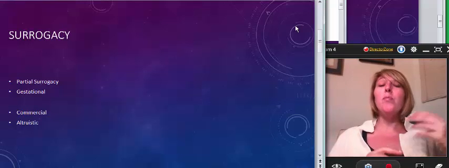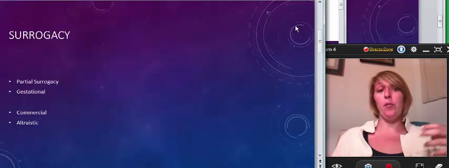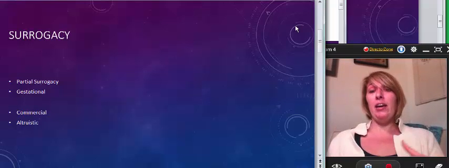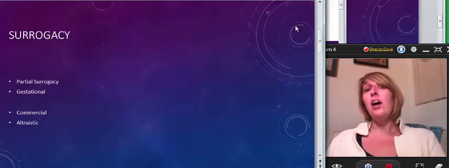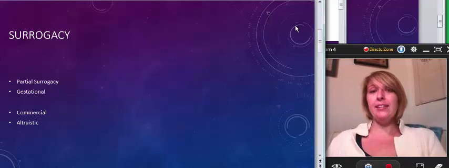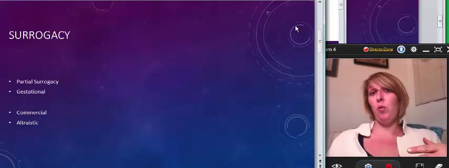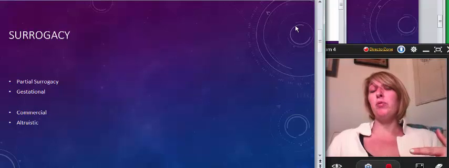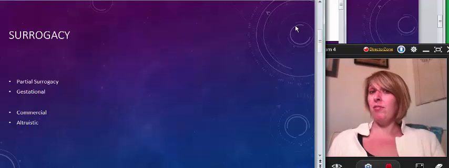And then commercial versus altruistic, where commercial surrogacy is when a woman is paid a fee or a salary for performing the reproductive labor of gestating a fetus, where altruistic surrogacy is when a woman is unpaid. Now, altruistic surrogacy does not mean that the woman is not provided funding for, say, her medical expenses, or she might be provided with, say, a place to live.